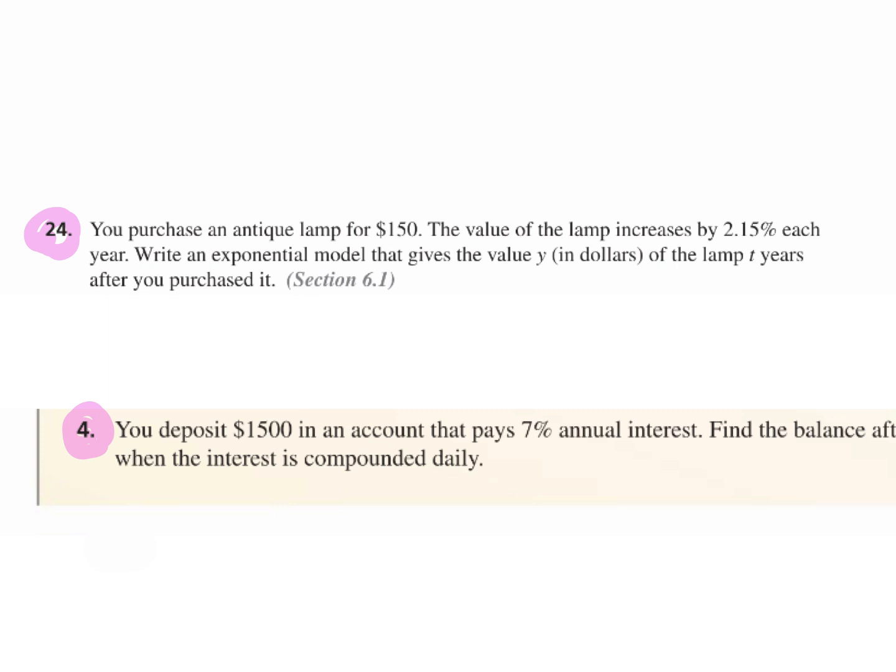So our formula for exponential growth or decay is P times 1 plus r to the power of t, or P times 1 minus r to the power of t. A equals? Oh, it's y equals. It's the same thing. P or a is just your starting amount. We can say y equals.